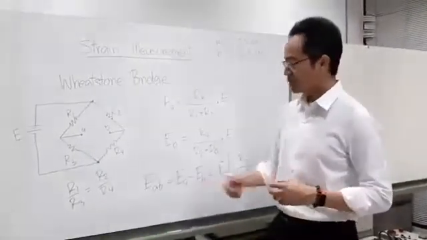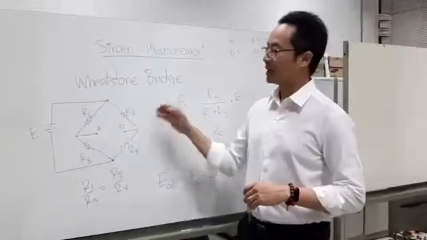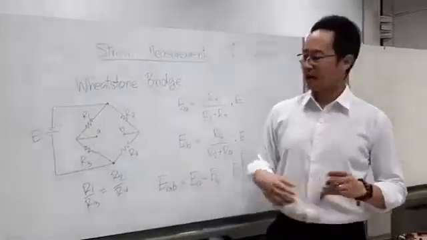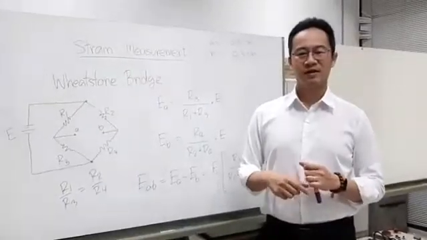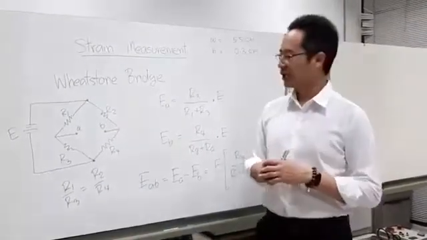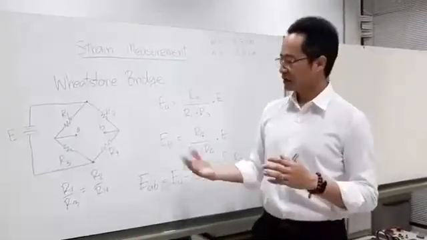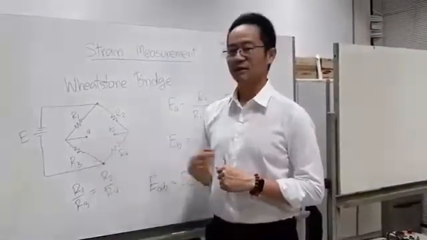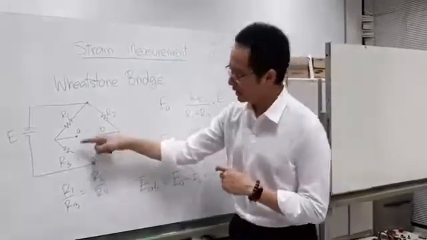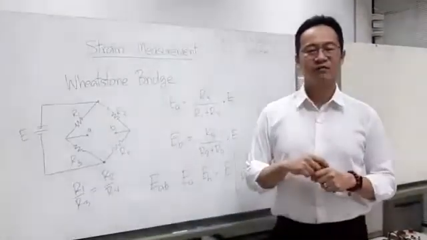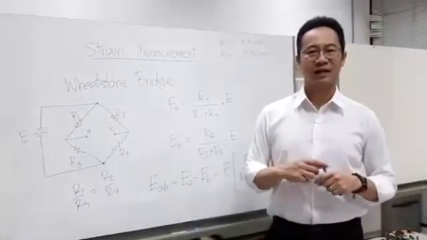So we take this output voltage in relation with the input voltage and with the deformation of the system. Later on, in the experiment, we can find the output voltage, and this output voltage will link to the deformation of the system. And I'll show you later.